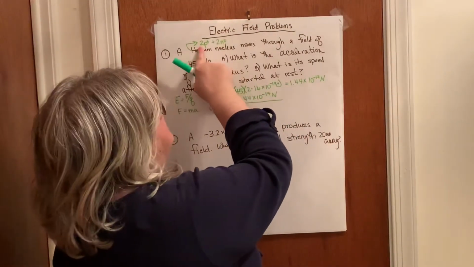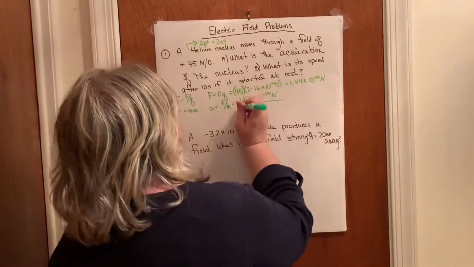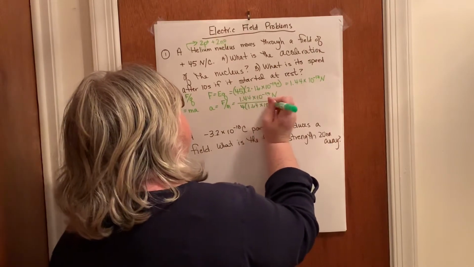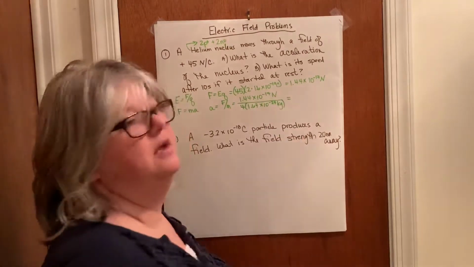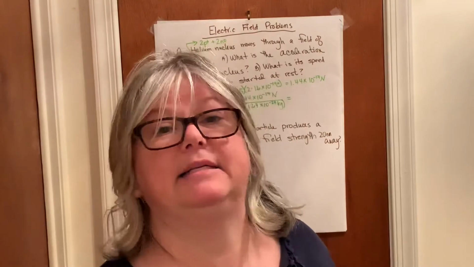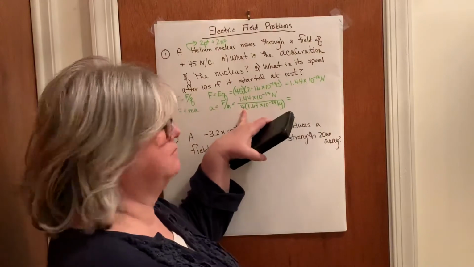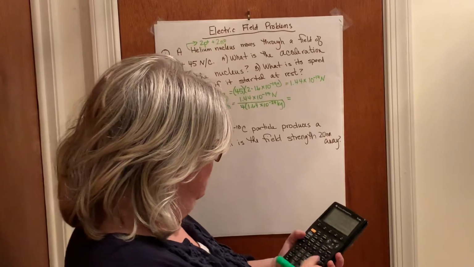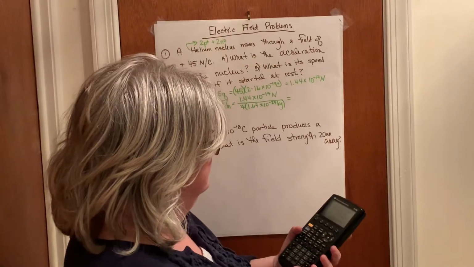I've got 2 protons and 2 neutrons, so I'm going to multiply by 4: 4 times 1.67 times 10 to the negative 27th kilograms. Where am I getting that number? That's the mass of a proton, which is the same as the mass of a neutron. 2 protons, 2 neutrons, that's where my 4 comes from. So my force divided by 4 times 1.67 times 10 to the negative 27th.